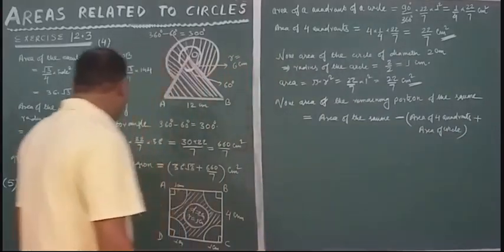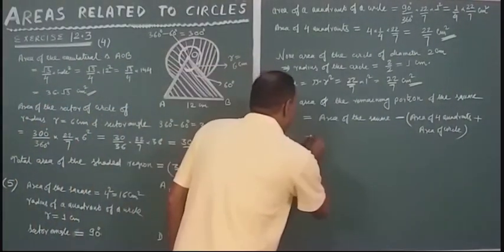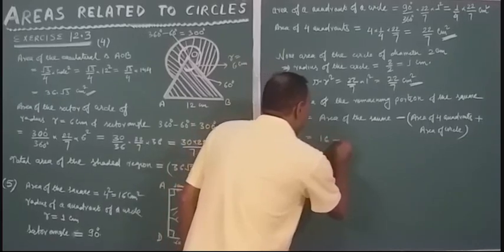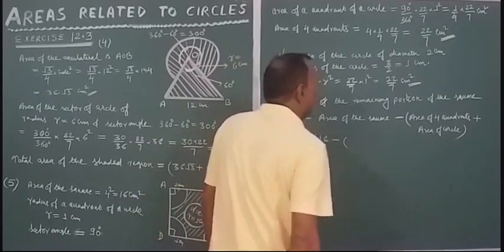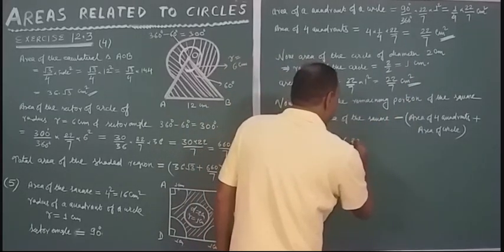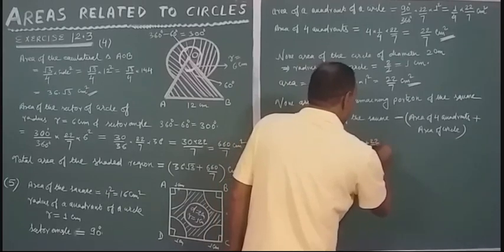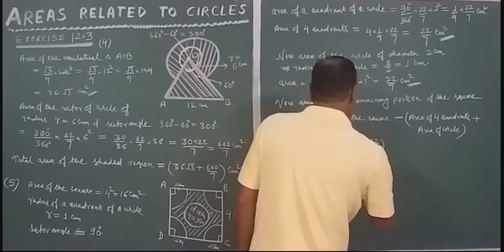So what is the area of the square? That is 4 square. That was given, 16 minus area of 4 quadrants, that is 22 upon 7, and again area of the circle is 22 upon 7.